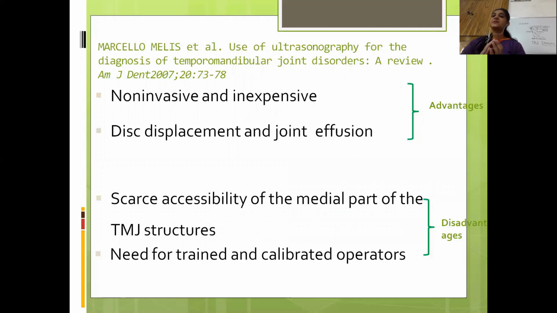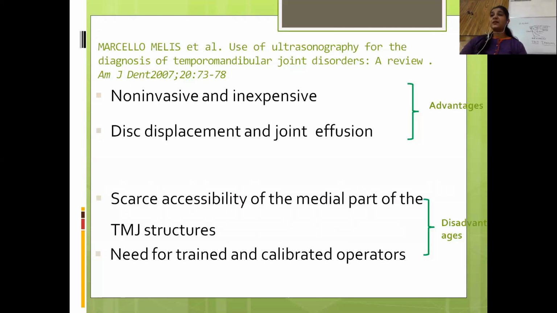Disc displacement and joint effusion can be appreciated. What are the disadvantages? Scarce accessibility of the medial part of the TMJ structures; that is, there is very little visualization of the medial part of the TMJ structures.